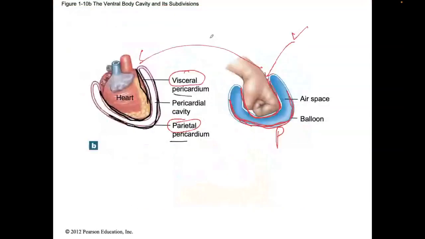Now let me go back to this for a second. The visceral layer is closer to the organ. The parietal layer is on the outside, closer to the body wall. What you're left with is the in-between layer, which is the pericardial cavity. The pericardial cavity contains pericardial fluid. Okay?